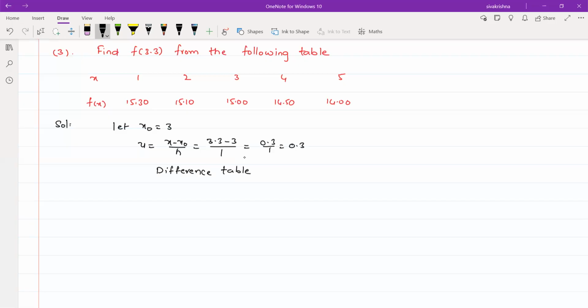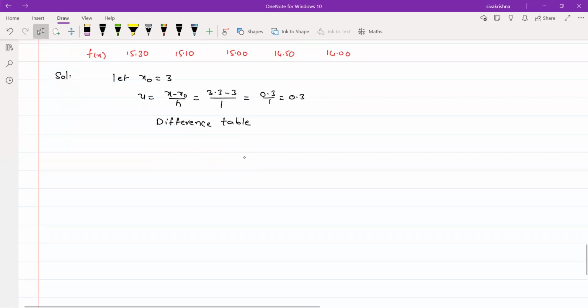In this table, the first column is the values of x, and the second column is the values of y. The x values are 1, 2, 3, 4 and 5, and the corresponding y values are 15.30, 15.10, 15, 14.50 and 14. These are the y values.